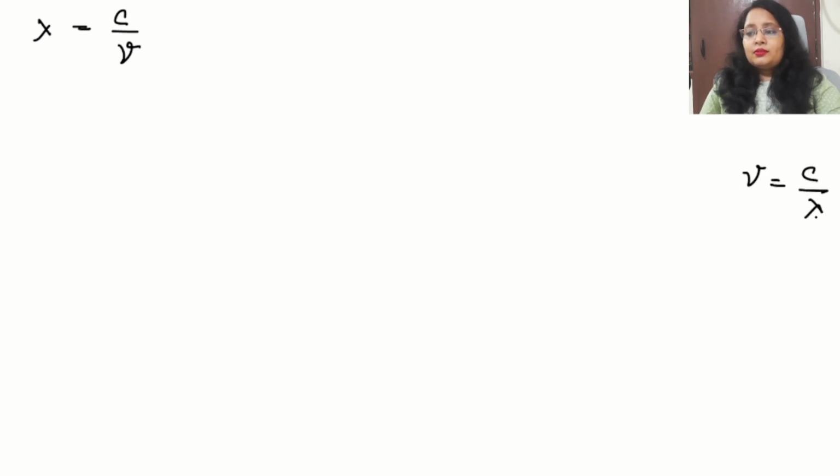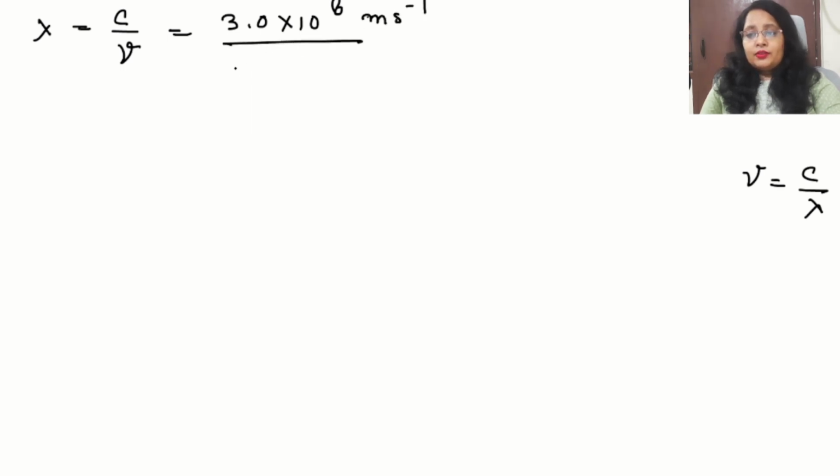So from this, lambda will be moved to the left hand side and frequency will come to the right hand side. It will become like this: lambda is equal to C by frequency. So C is the speed of light. Its value is 3.0 into 10 to the power 8 meter per second.